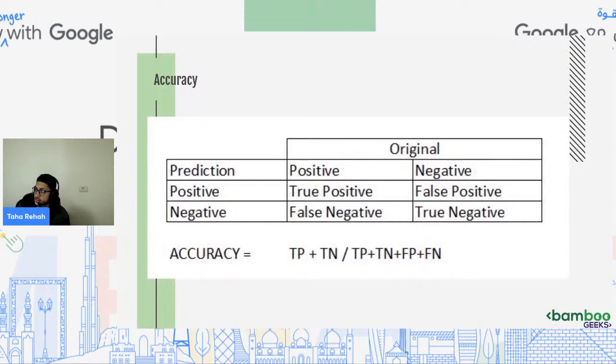So what is accuracy? Accuracy is the sum of the correct predictions, divided by the total of all the predictions that I made. This is wrong. Why? Because this only takes into consideration true positives and true negatives. It's not taking into consideration the false positive and the false negative.